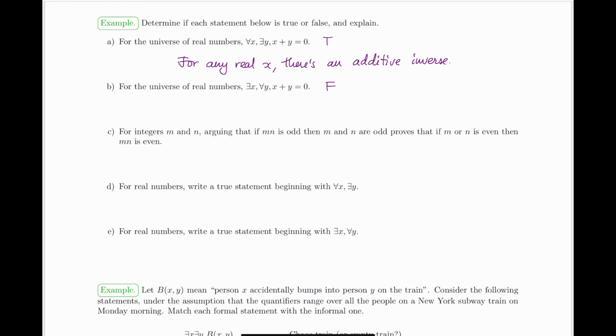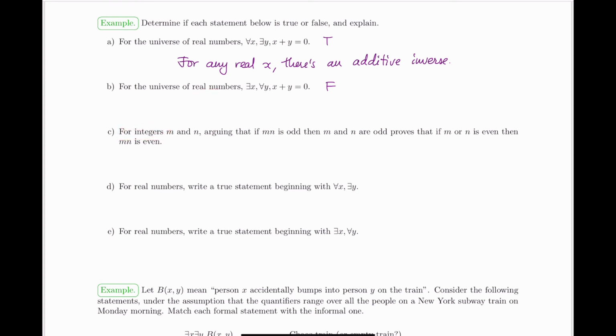Next up, we have: for integers m and n, arguing that if mn is odd, then m and n are odd, proves that if m or n is even, then mn is even. That's a little wordy, isn't it? Let's try to split this up into portions. So I have integers, m and n, so my universe is now not real numbers, but rather integers.